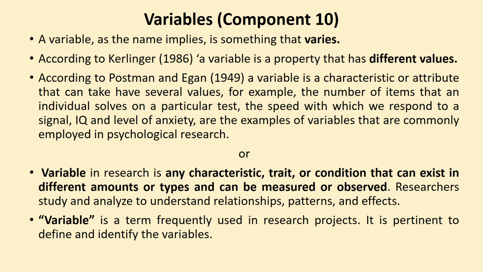For example, the number of items that an individual solves on a particular test, the speed with which we respond to a signal, IQ and level of anxiety are some examples of variables that are commonly employed in psychological research.